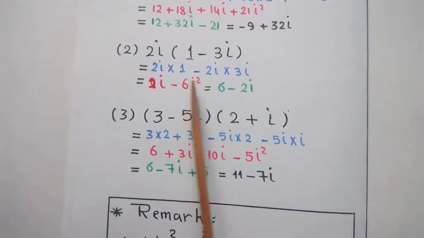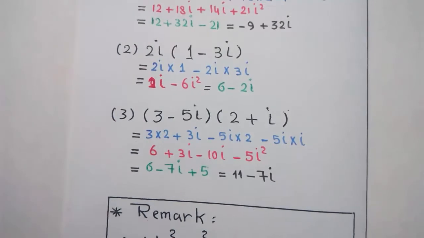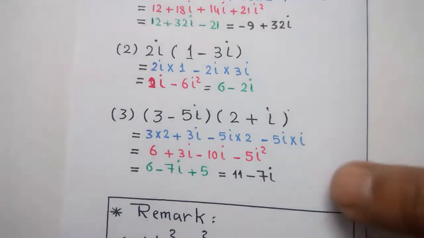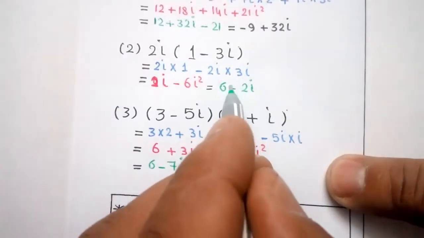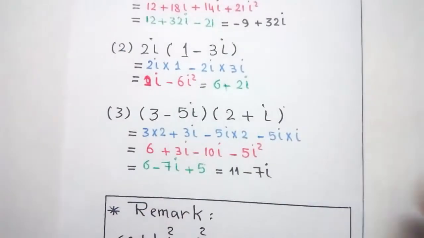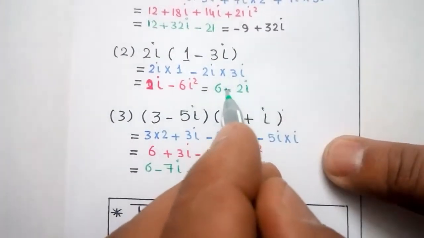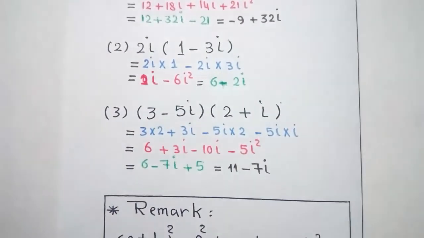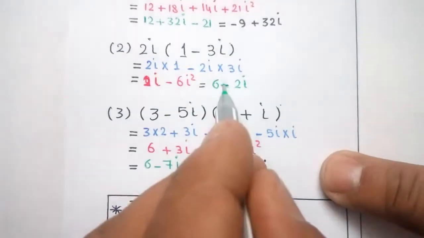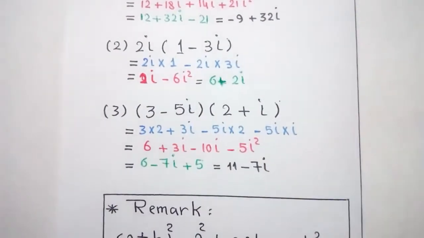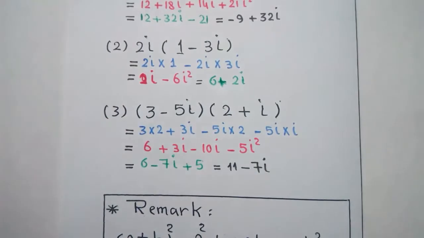Oh, i power 2 will be changed. يبقى 6 positive plus 2i.